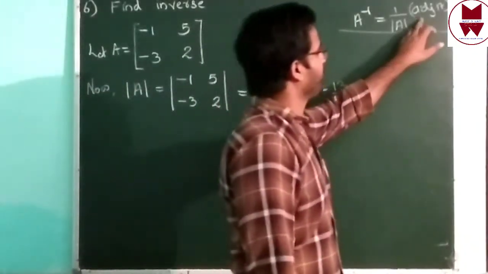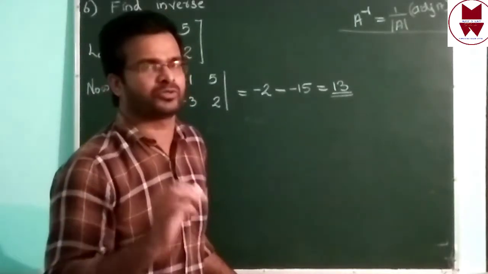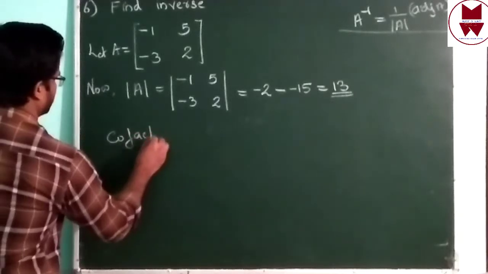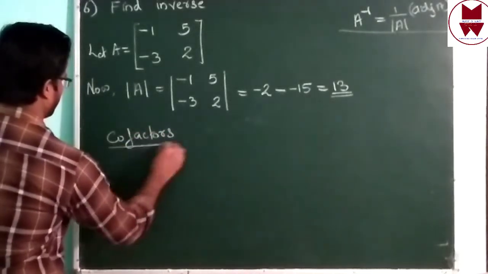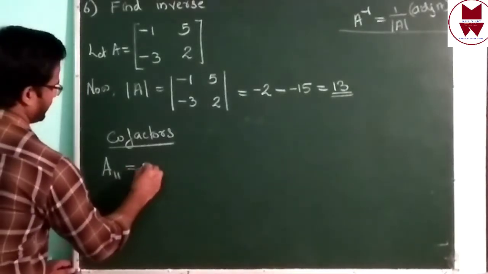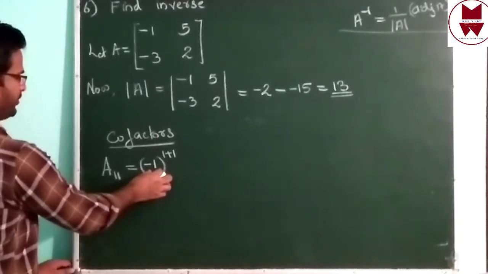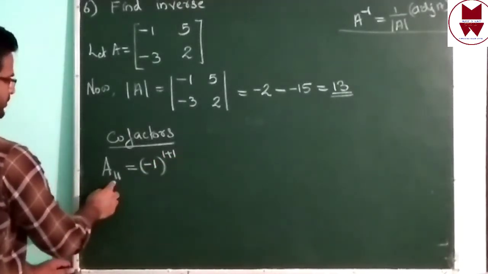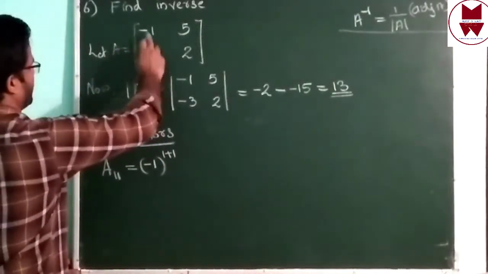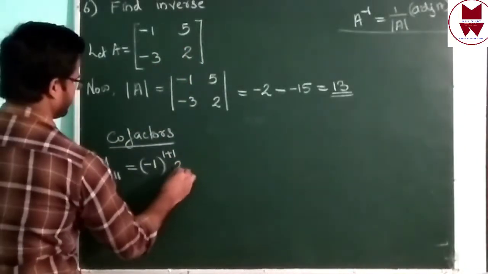Next, we have to find the adjoint of A. For the adjoint of A, first find all cofactors. A11, capital A11, minus 1 all raised to 1 plus 1. This minus 1 we always use. This 1 plus 1 is the first row, first column. Just delete the first row and first column, then remaining only 2.